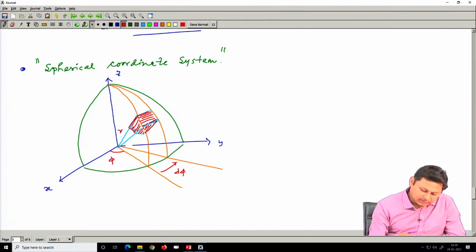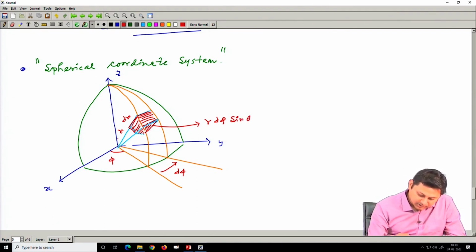This is r, so this portion is dr. These things are r d phi, and then one should have a sine component as well, sine theta, because I am having a theta here.